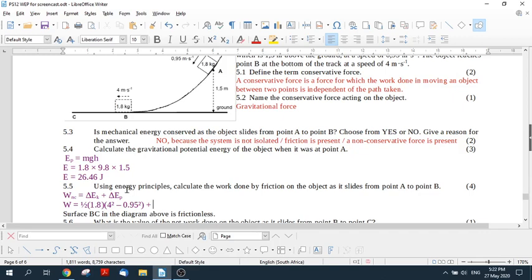So potential energy is mgh. So the m was 1.8, and then g is, as always, our friend 9.8. And then now it will be the final height minus the initial height. But now the ground is our zero reference. So my final height is 0, and my initial height is given here as 1.5.